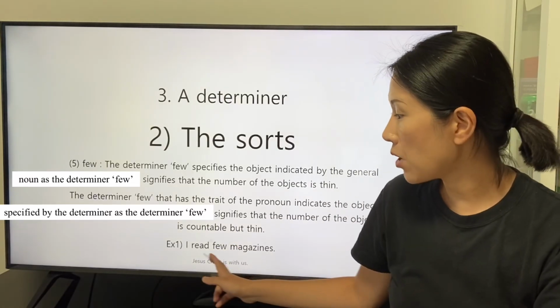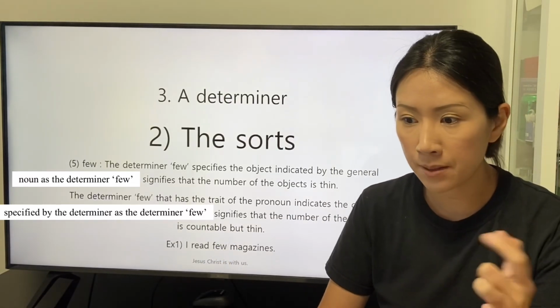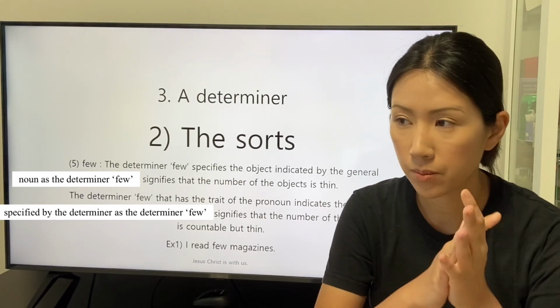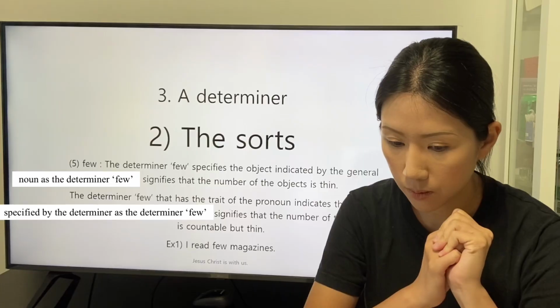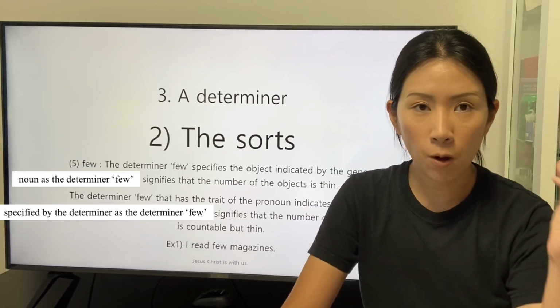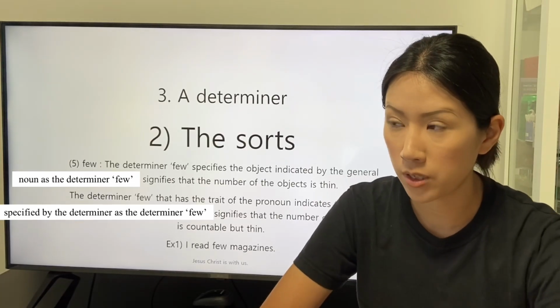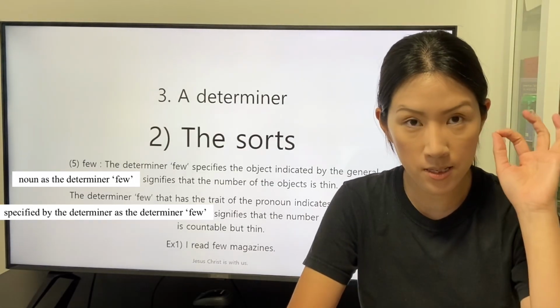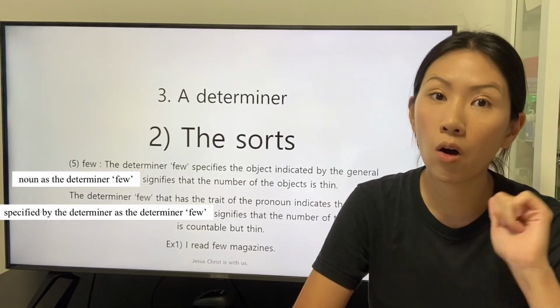And this determiner few can be applied as an indication with the application of the determiner, that is the indefinite article all.